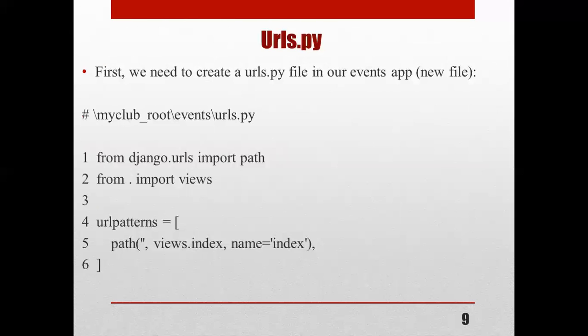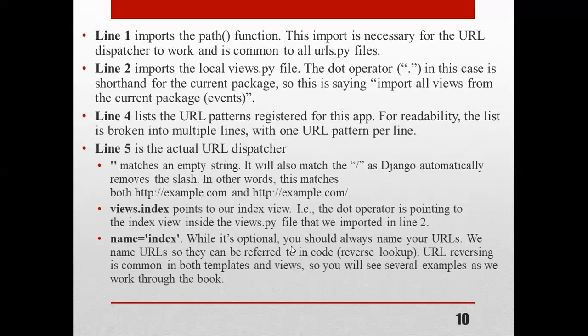This is the name of your URL. It is so it can be referred to in code, like a reverse lookup. URL reversing is common in both templates and views. So you will see that lookup in templates and in the views.